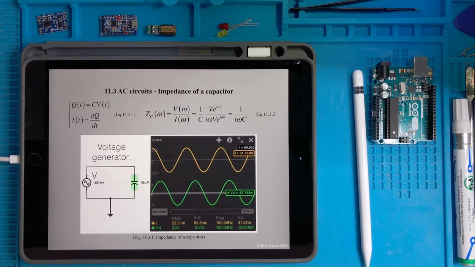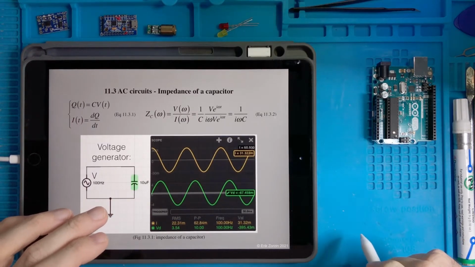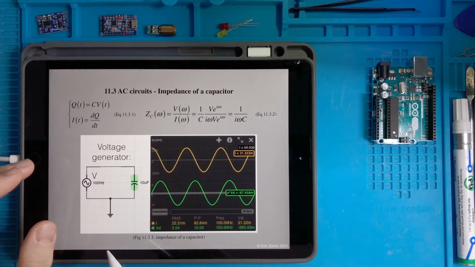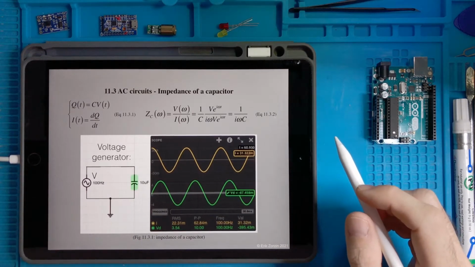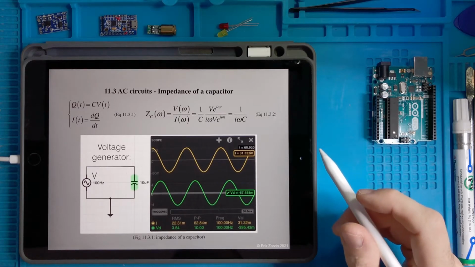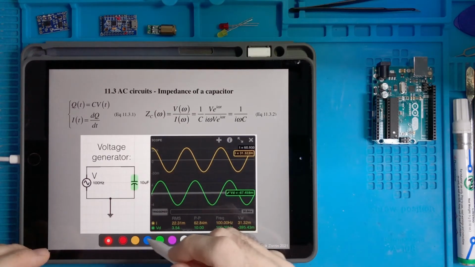But it's not like this for the other components. So now if we analyze the case of the capacitor, the story is different, because the capacitor is not a resistor, so it doesn't follow the Ohm's law. The constitutive law that connects the voltage to something else in the capacitor is this one.